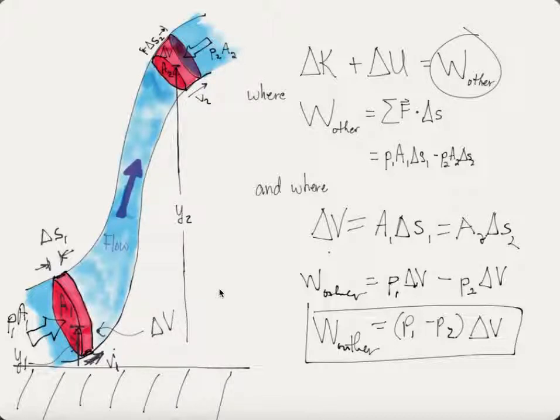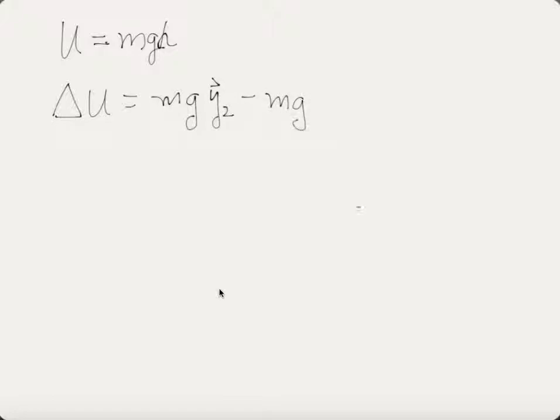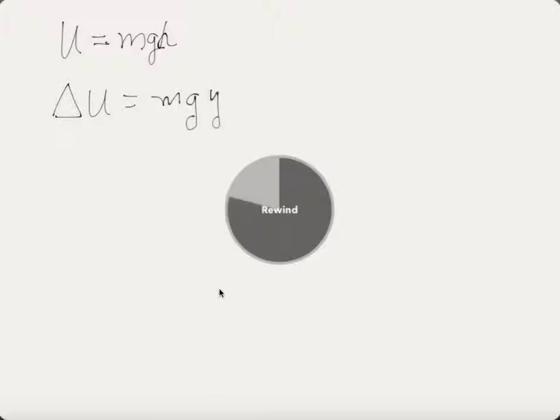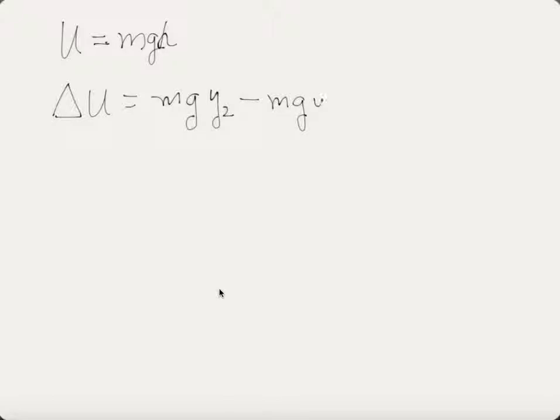So we're now about to treat our delta U. And I'll just go to a new page for that. So delta U, or U, is just equal to mgh. In our case, we're going to have delta U equal to m times g times y2, minus mg y1.